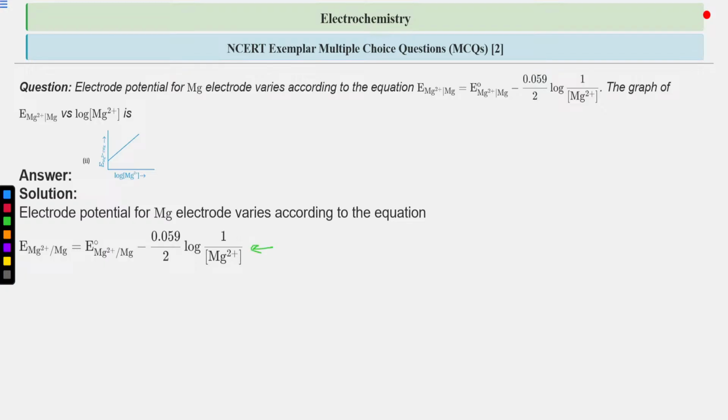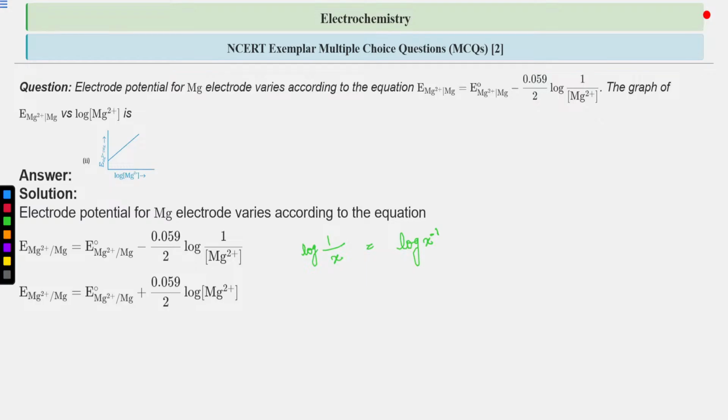Now we just have to simplify this. So we have log of 1 upon x. Let's say x is the concentration of the magnesium ion. We can write it as log of x to the power minus 1, right?